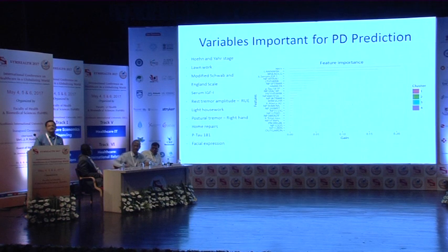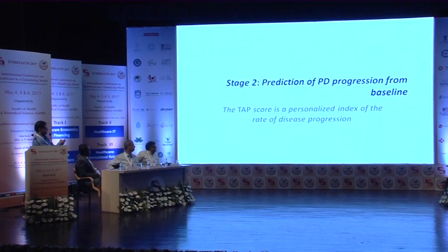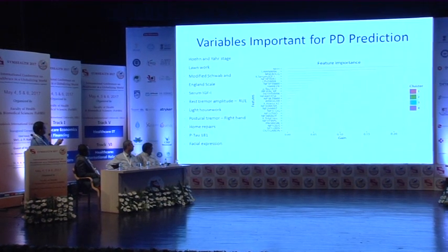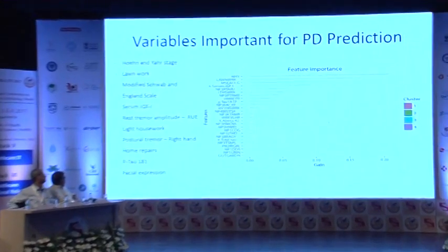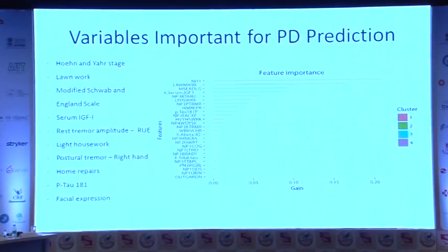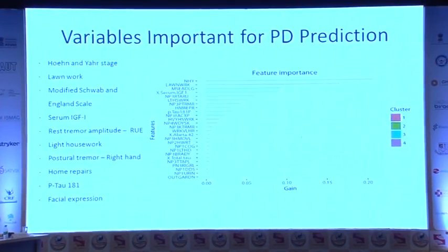It turns out that the current intuition is correct. It is a paper-based assessment. The Hoehn and Yahr stage, which is actually a modified Schwab and England scale. This is a paper-based test which monitors motor dysfunction and so on. And it turns out that that is very highly predictive of Parkinson's.